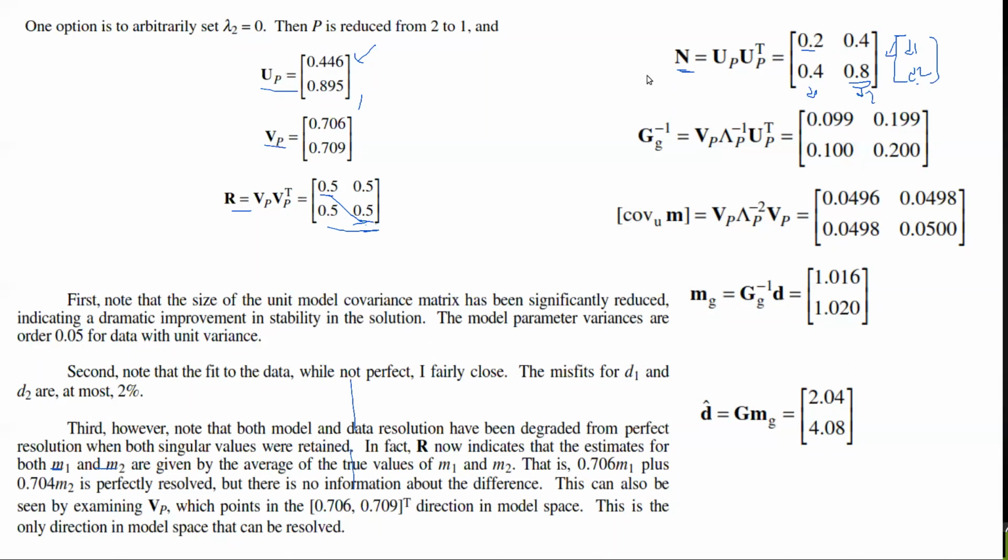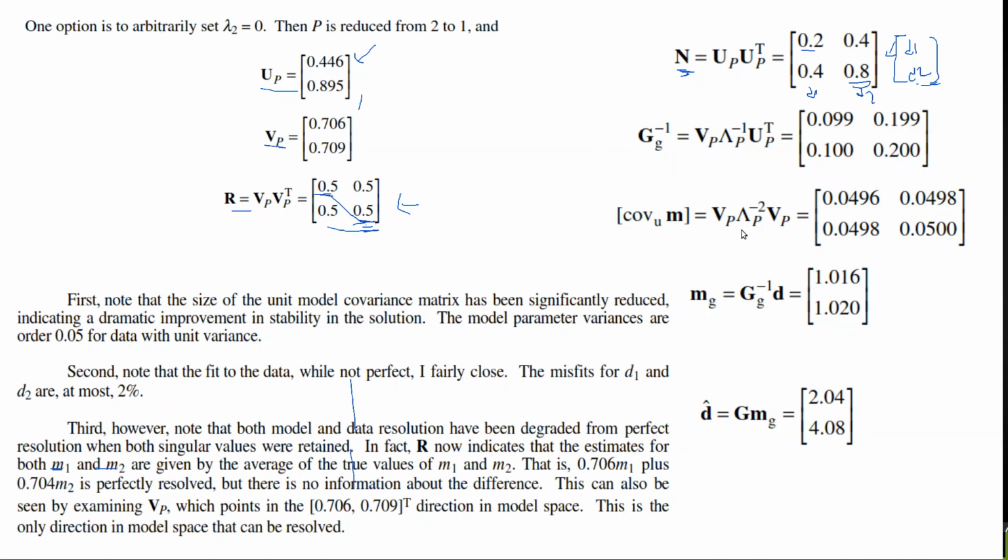So what this data resolution matrix is telling me is that the second data is the most important in my analysis, whilst here, the two model parameters are equally resolved, okay? In some analysis, probably we'll see on Wednesday when we do tomography, we'll get different values, and it tells you which values are well resolved and which ones you don't have to trust that much. So this is the resolution analysis.